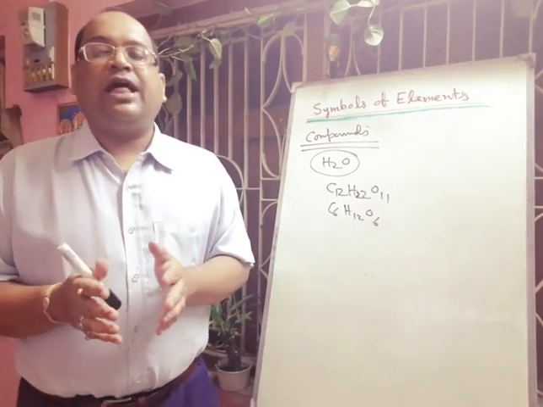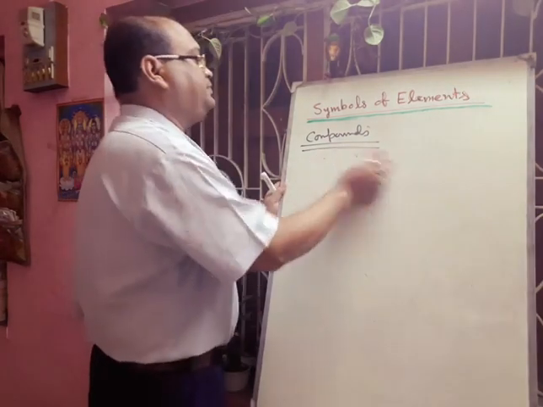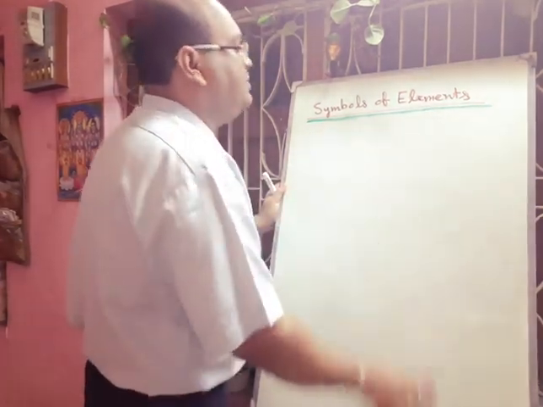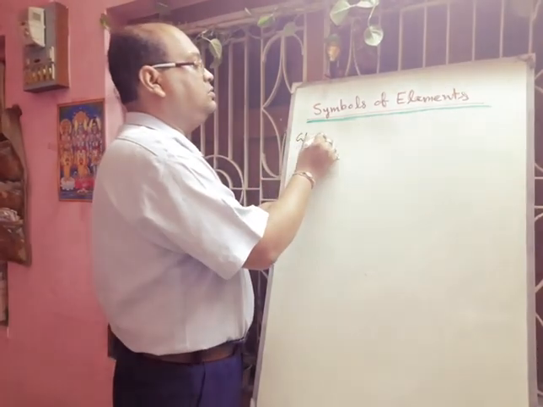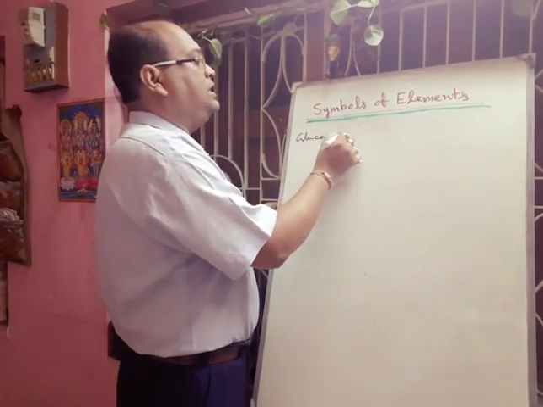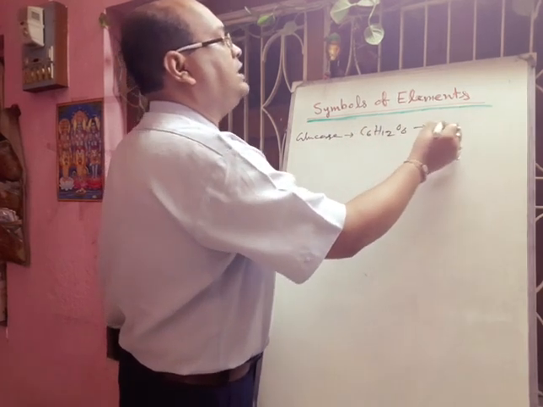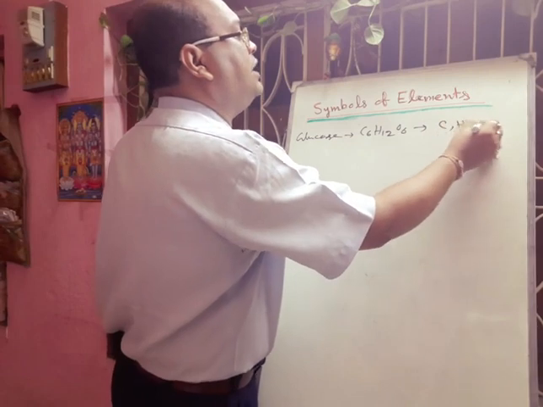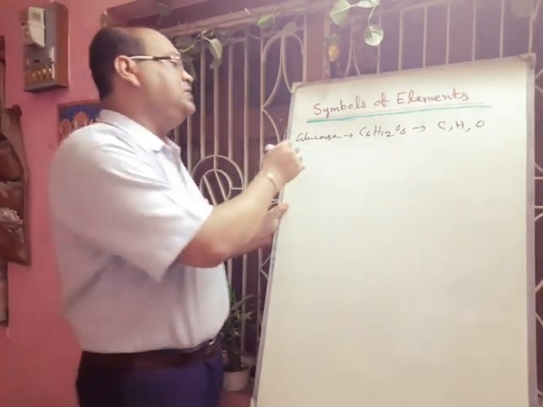Next, you have to know the formula, like I have already written here, and the type of elements. Suppose I write glucose, this is a compound, and what will be the formula of glucose? C6H12O6, and the type of elements present are carbon, hydrogen, oxygen. We can tell about baking soda.